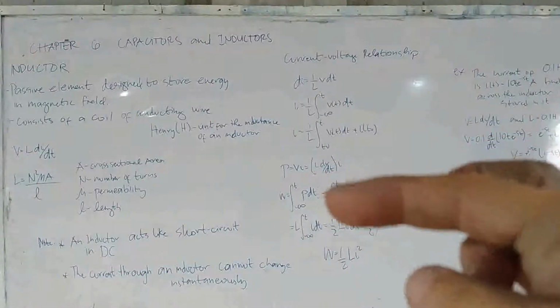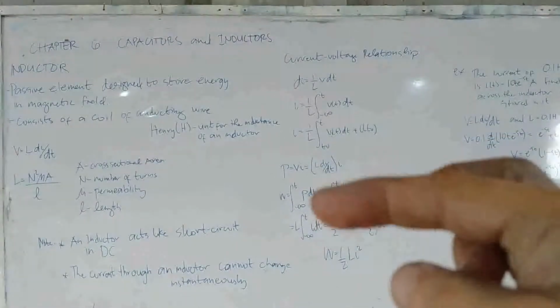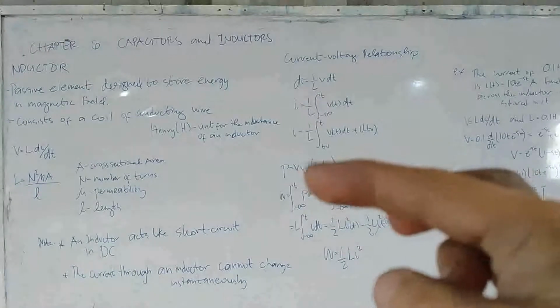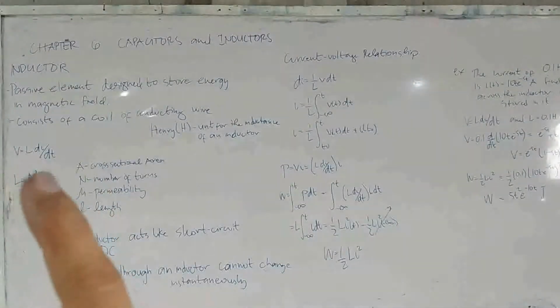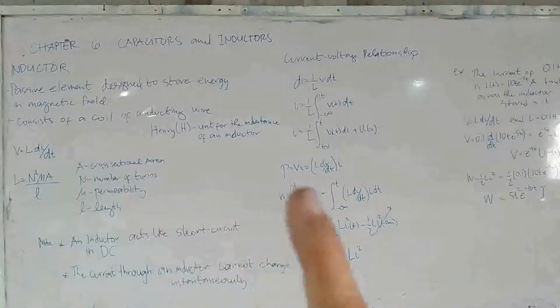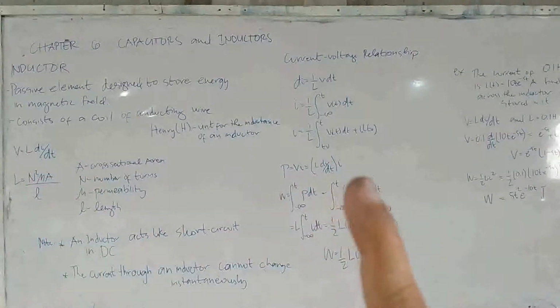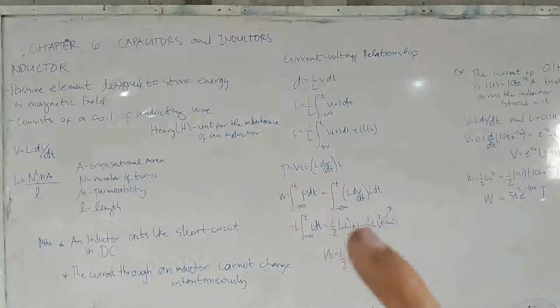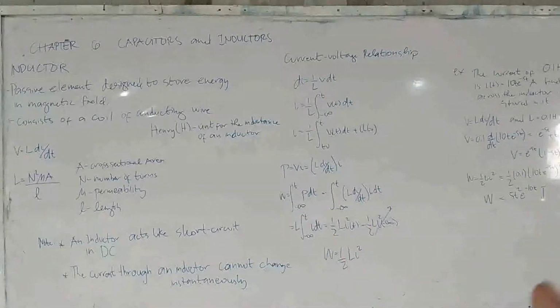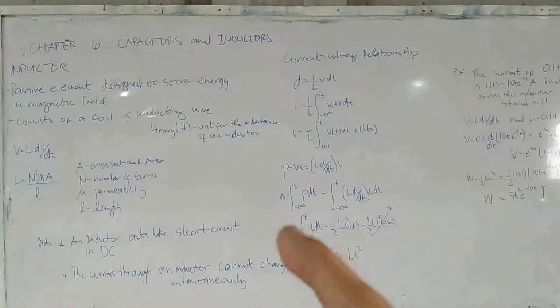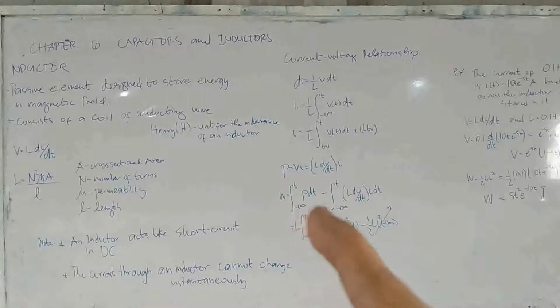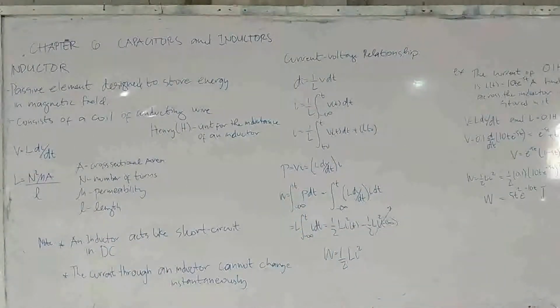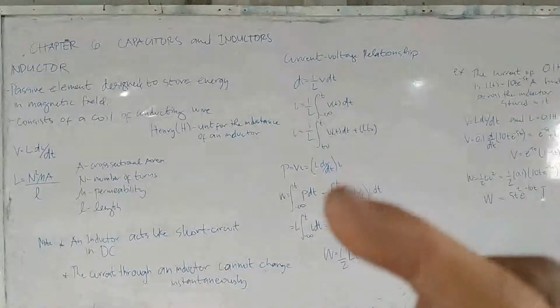Now for power, applying v times i, the voltage is L di over dt, which we put here, multiplied by the current. Then for the energy of the inductor, we have the integral of p dt, integrating from negative infinity to t.